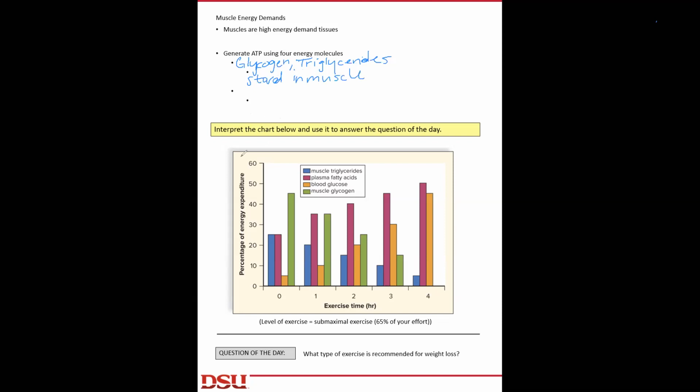And then we have our glucose and our fatty acids, the other version of glycogen and triglycerides. And these are circulating in the blood.